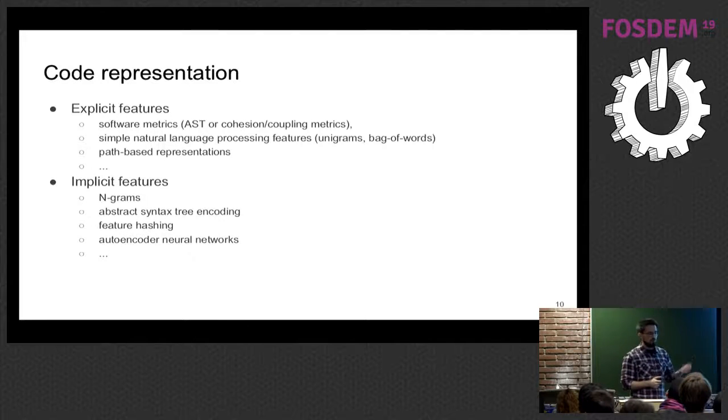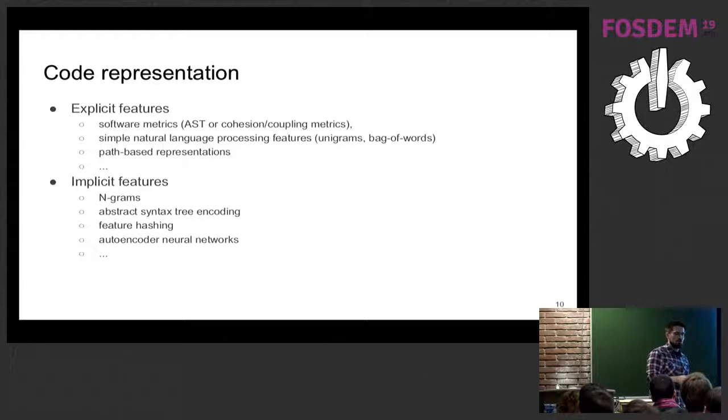There's also path-based representations, a trending approach that basically allows you to traverse the tree and collect all the node types in this syntax tree that you encounter, and then use these paths to do some research on it.